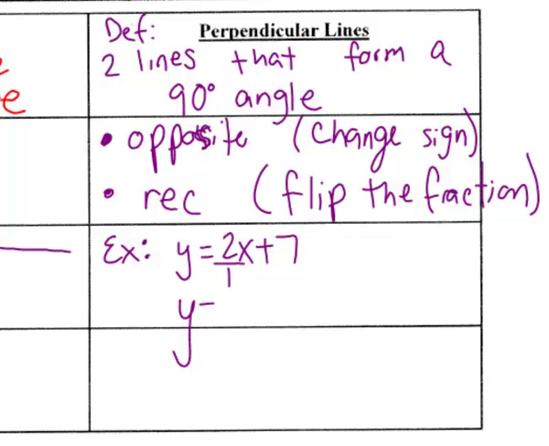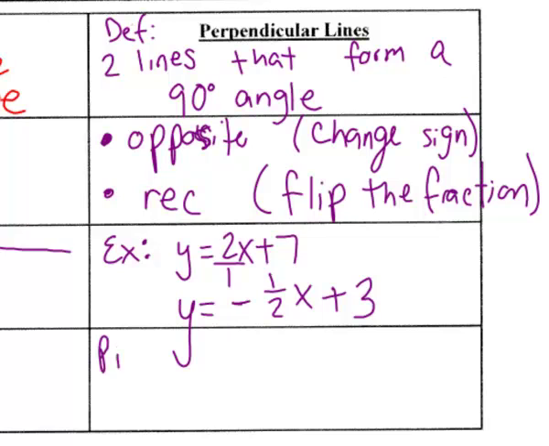Now whenever I go to rewrite this, I have y equals, and then I change the sign, so it's the opposite. Now I have a negative 1/2 x plus 3. This is an example of two equations of lines that are perpendicular.